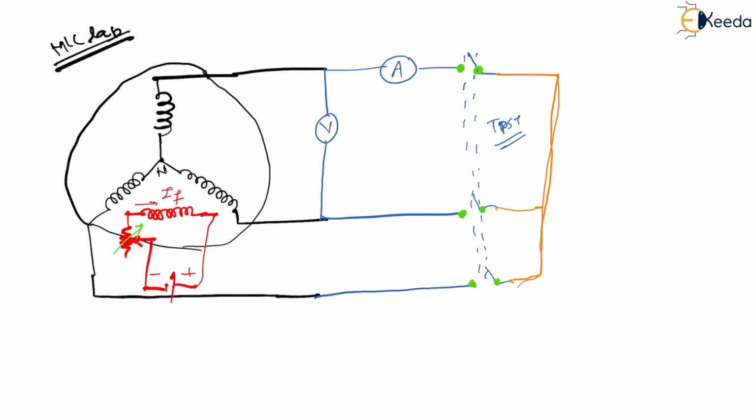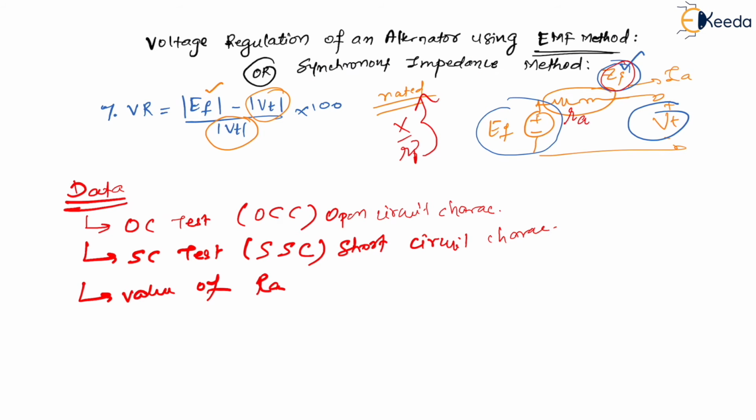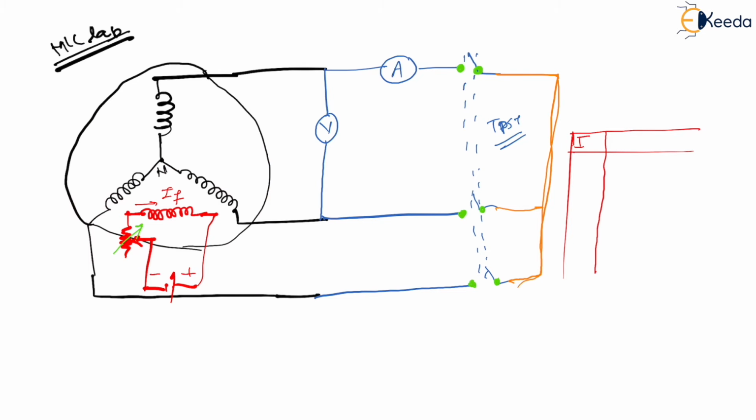What will happen now? Let me just draw this. Let us say initially when your field current is 0 ampere, let us see what happens. Even if your field current is 0 ampere, the dipole alignment will not change instantaneously. Coercive forces and all will be there, you may try to see the BH curve.